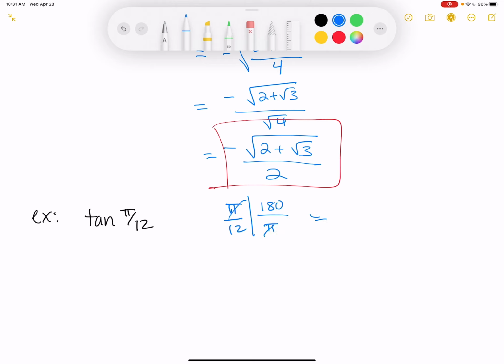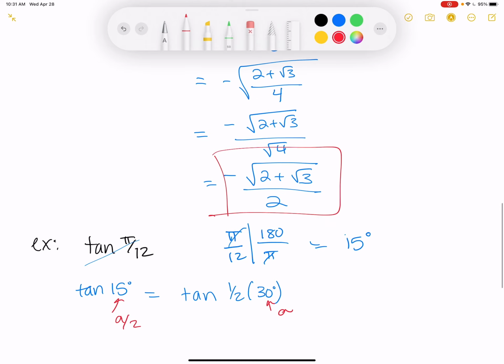The pi's cancel, and that gives you 15 degrees. So I'm now dealing with the tangent of 15 degrees. Right? Yes. We don't know what 15 degrees is, so we use the tangent of 1/2 of 30. Remember, 15 is a over 2, 30 is just a.